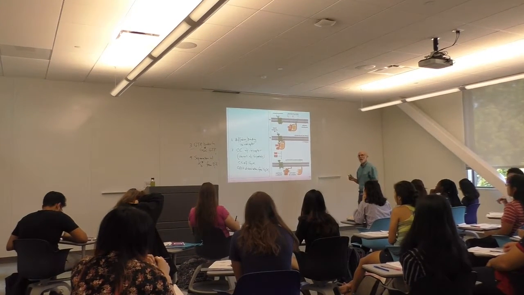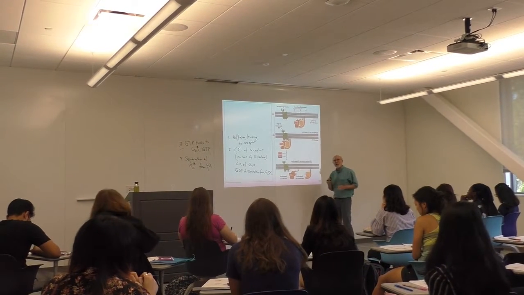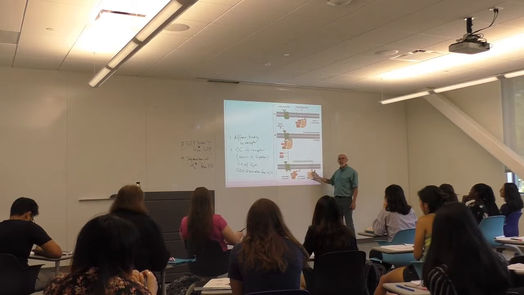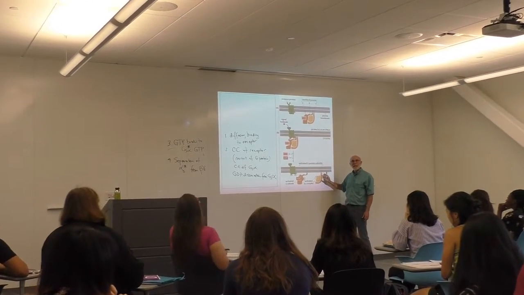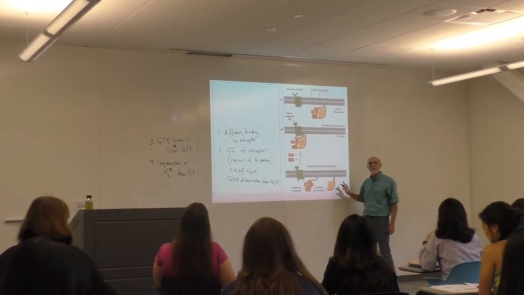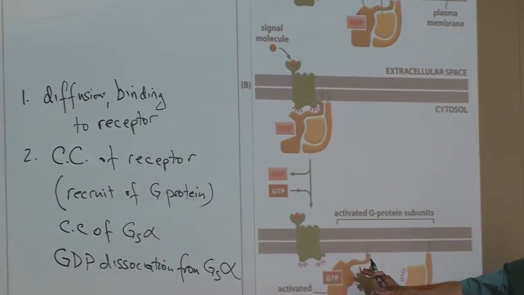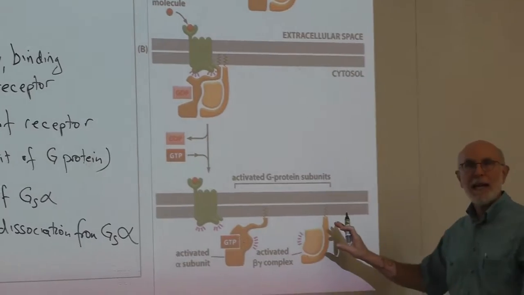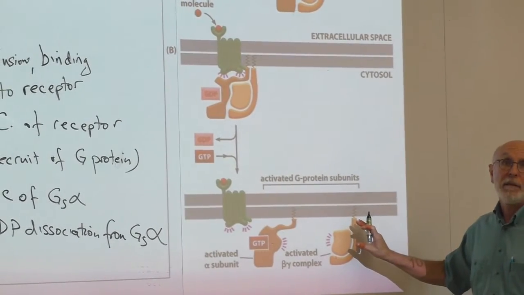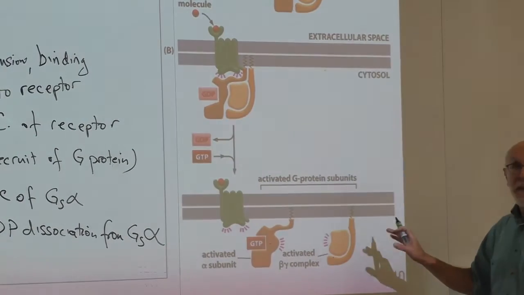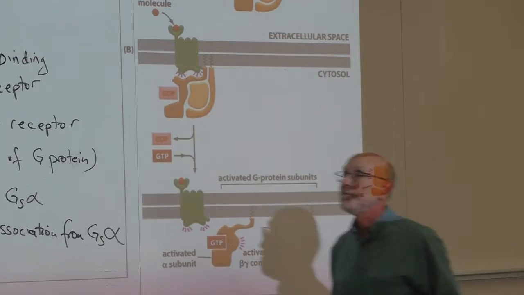Not so much. The short answer is the liberation of the free beta gamma activates it all by itself. So it's the alpha subunit that undergoes conformational change and activates it and liberates a now free beta gamma, which is active. Okay, let's go on.